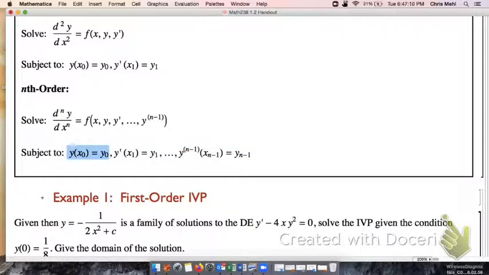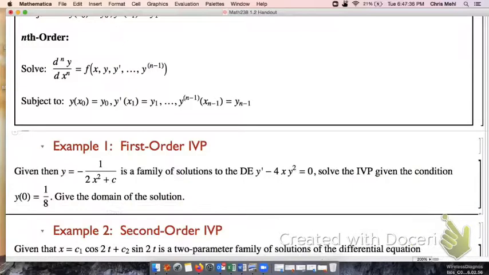You need an initial value for y, an initial value for y prime, which would eliminate a second constant, and this would be the nth condition. This is just saying that you know the value of the n minus first derivative at x sub n minus 1. So basically, again, for an nth order differential equation, you'd have n initial conditions.